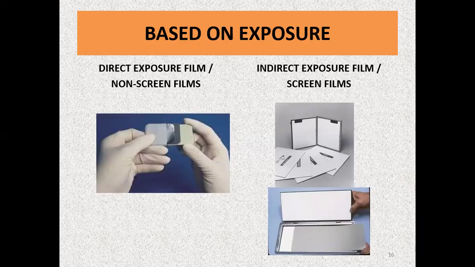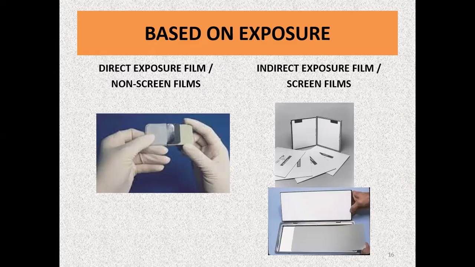Indirect exposure films are also known as screen film or screen film combination. In this, along with the X-ray film, an extra screen, an intensifying screen, will be used, and these are usually used for extraoral projections or extraoral radiography.